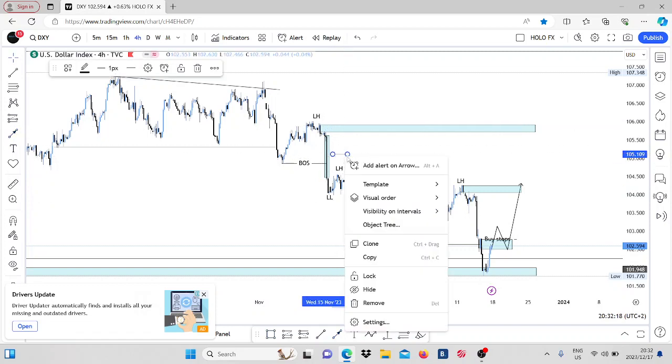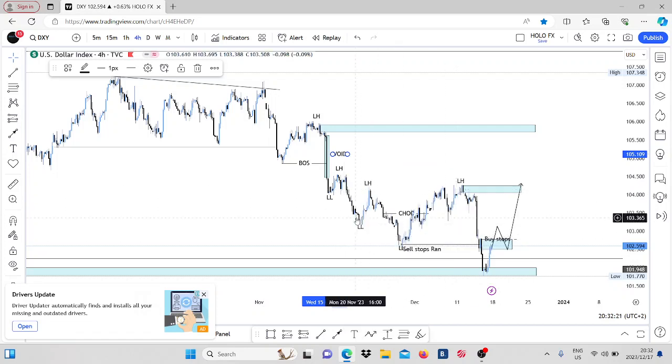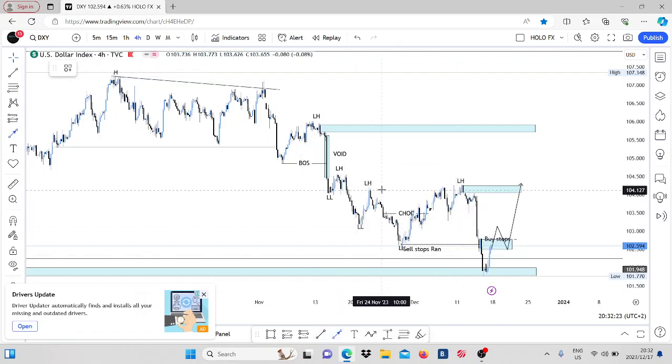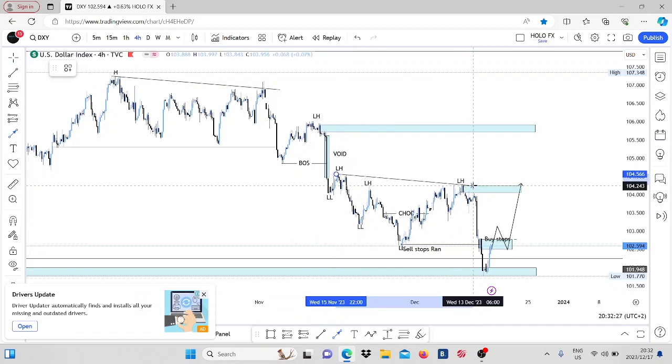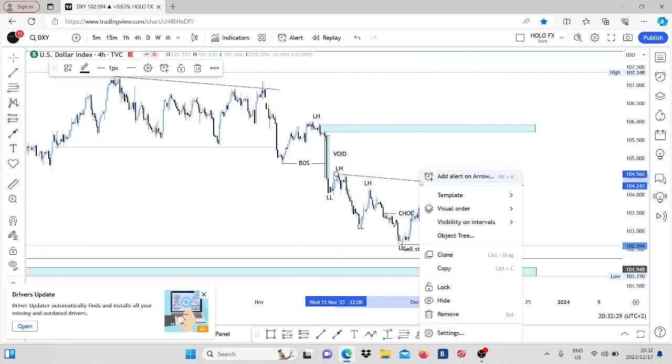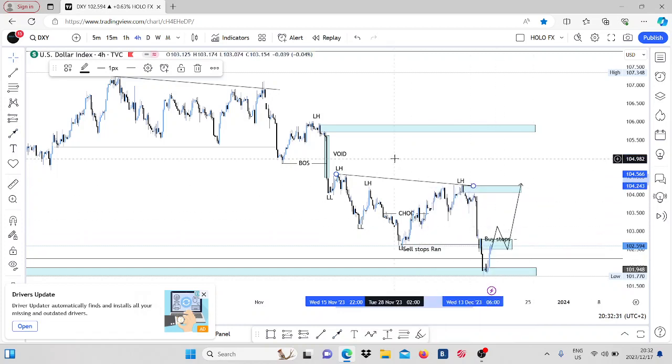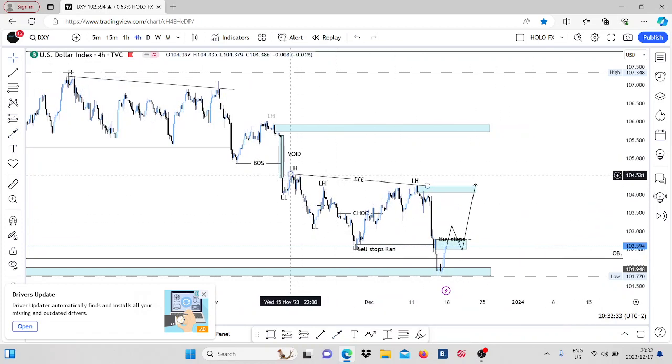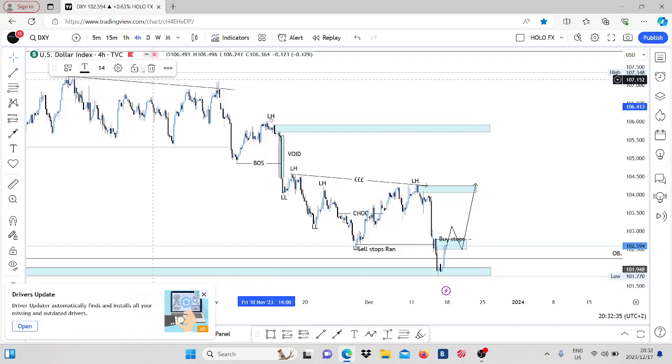We have a beautiful liquidity void that needs to be filled, and on top of that, we probably have liquidity resting above here in the form of these relative equal highs. So let me just delete these ones.